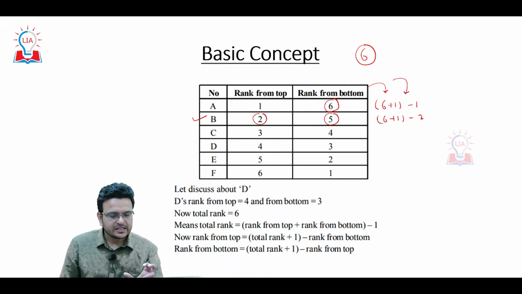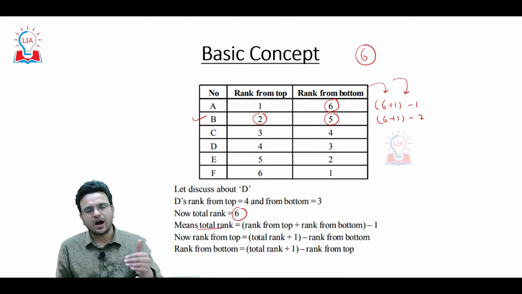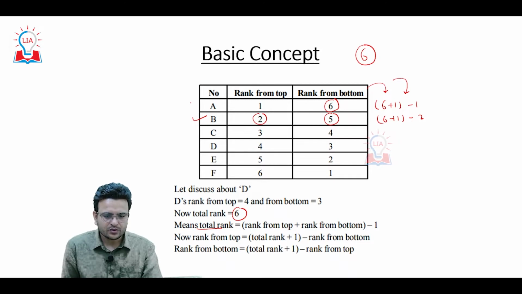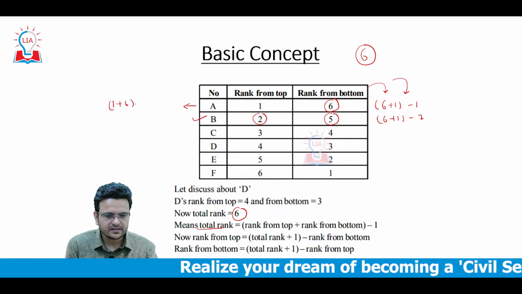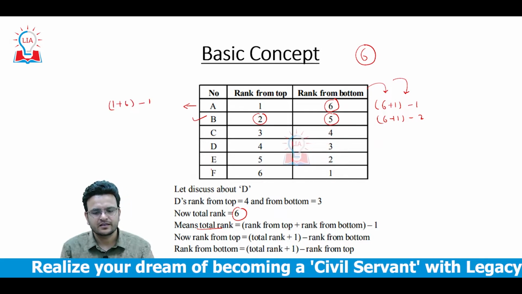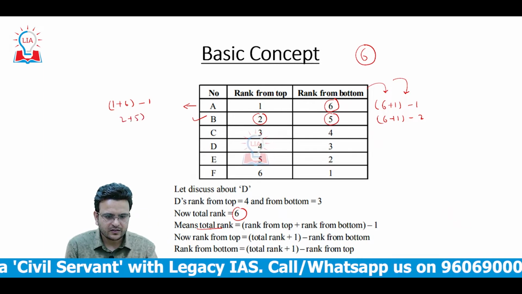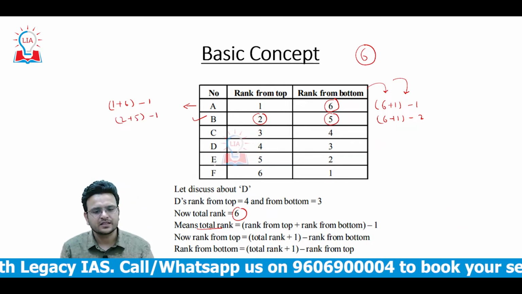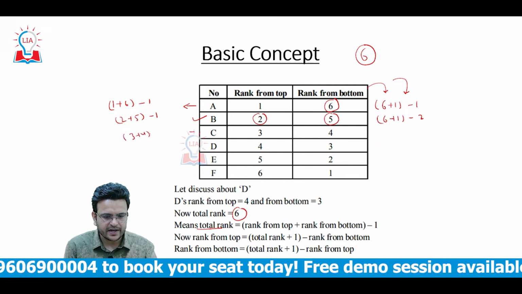So how can we calculate the total students? It means 1 plus 6 minus 1. Clear? Like B, 2 plus 5 minus 1. C, 3 plus 4 minus 1.